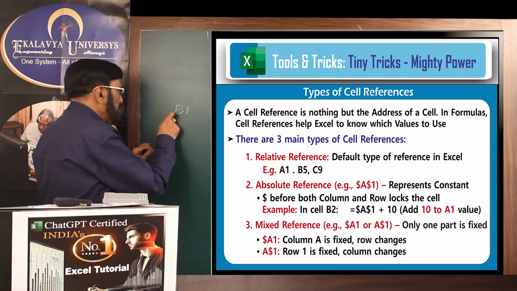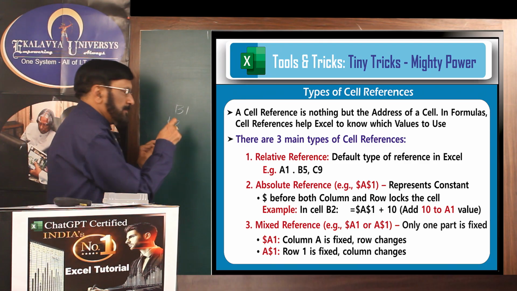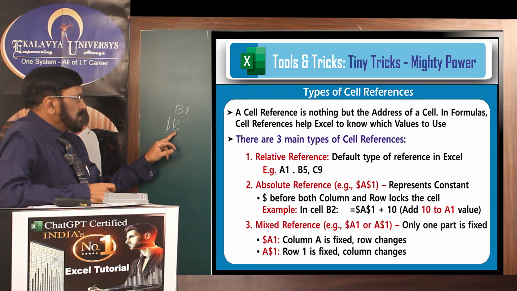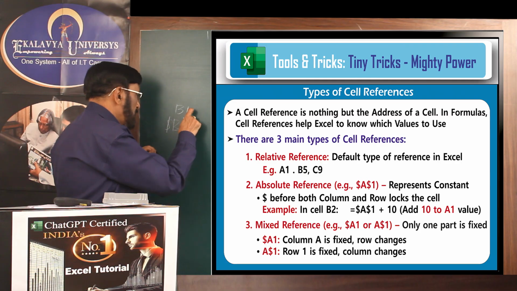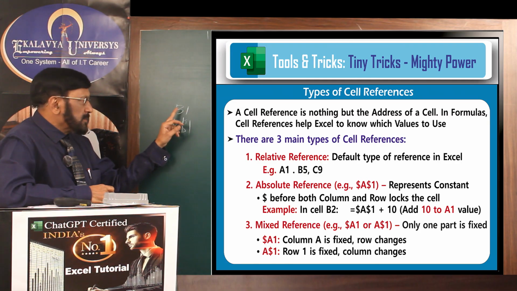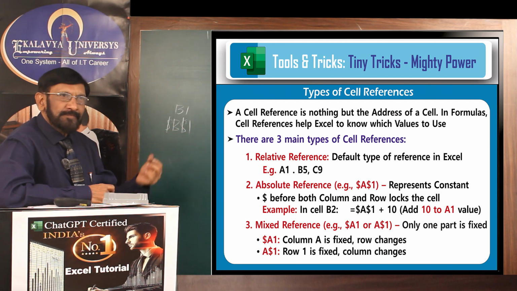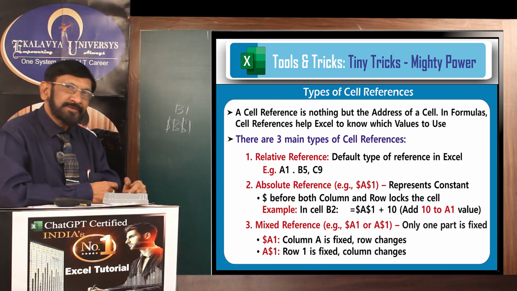Then what do you have to do? You write the $ symbol first, then B, which means you are locking the column. Next, $1, locking the row. So instead of writing relative B1, you write $B$1. By that, you are able to define it as a constant.